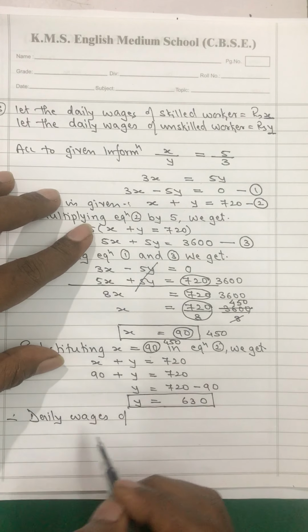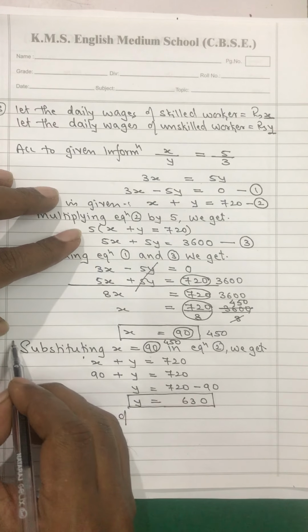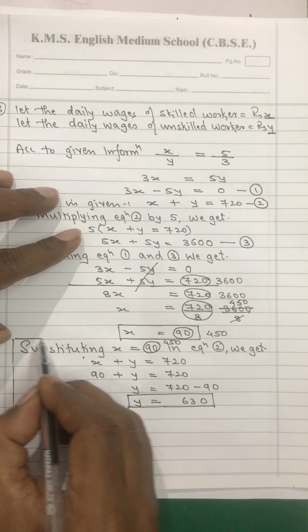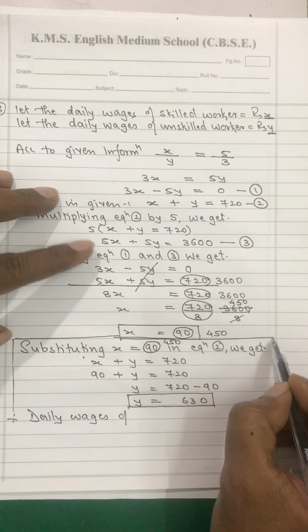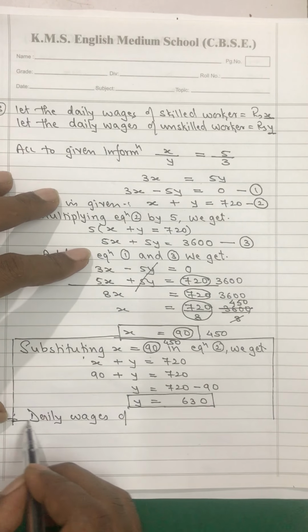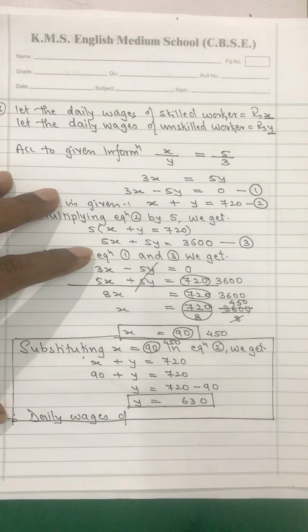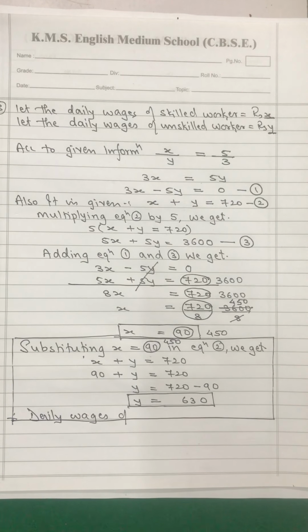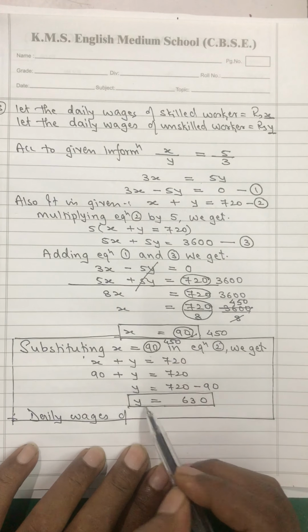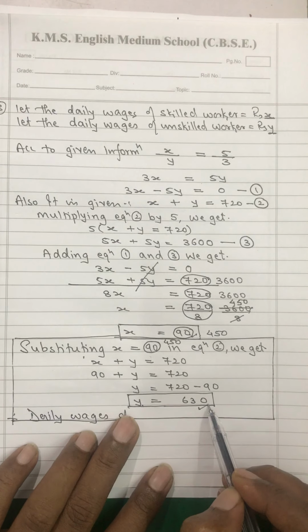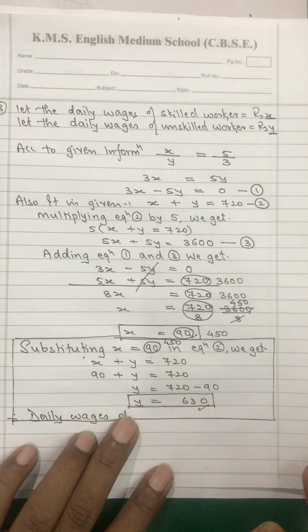Now see, now the point of learning. How did I come to know that I have gone wrong? See my dear students, what I have done wrong is wrong and it should not be done. But more important is how did I get that I am wrong? Because I have got the salary of skilled worker 90, unskilled worker 630, this never happens.